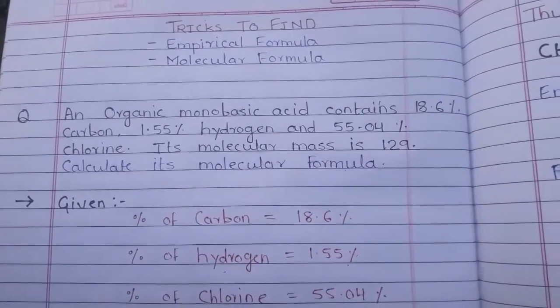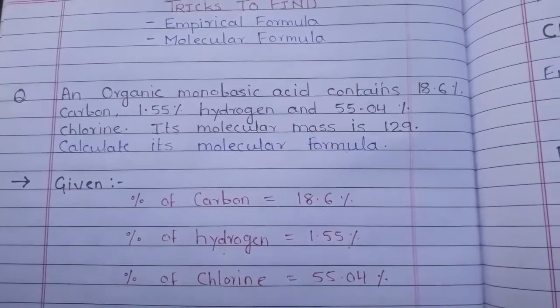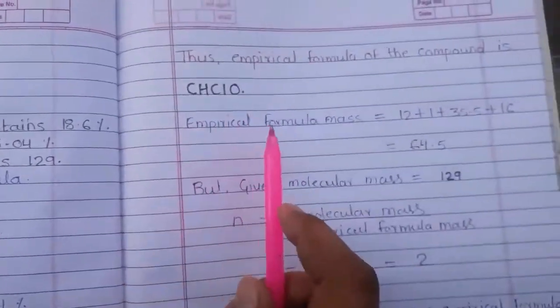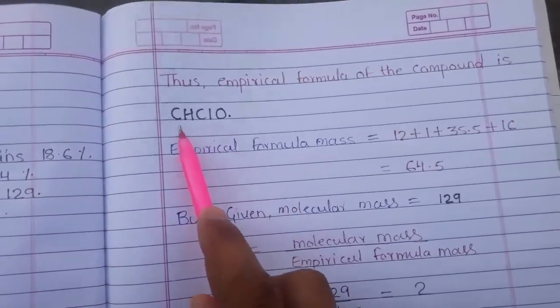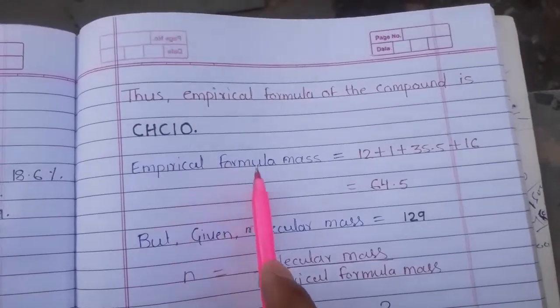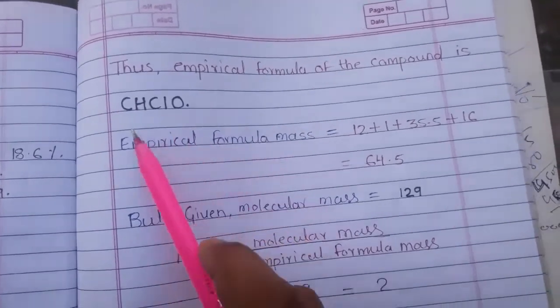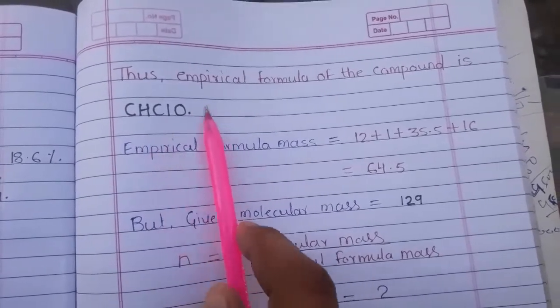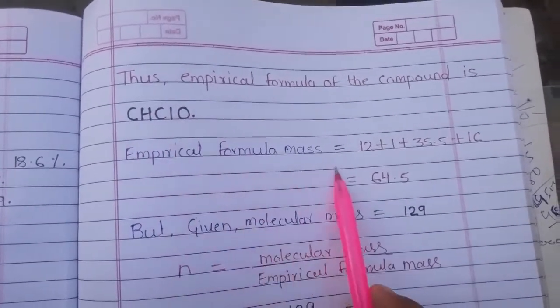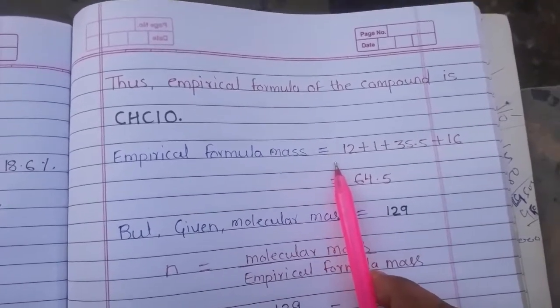So it is very important to find out the empirical formula for finding out the molecular formula. We have got the empirical formula as CHClO. Now we will find out the empirical formula mass, that is, the sum of all the atoms in the empirical formula.